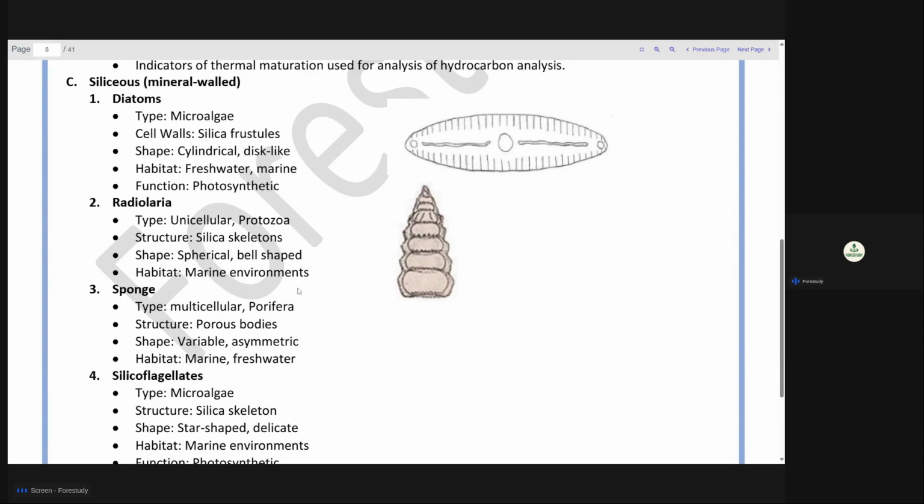Only in marine will you find radiolaria. So I'll show you radiolaria.